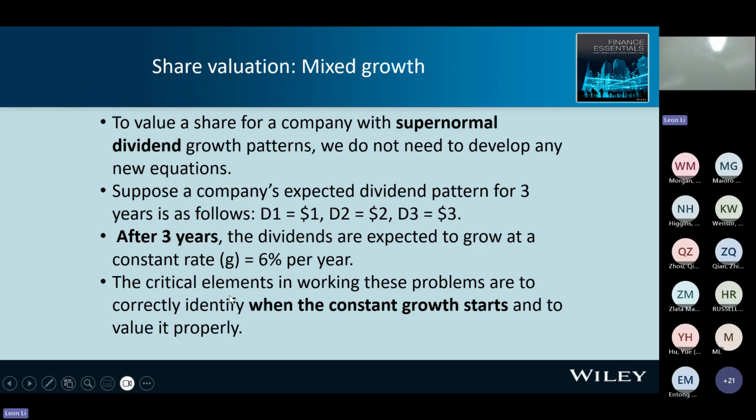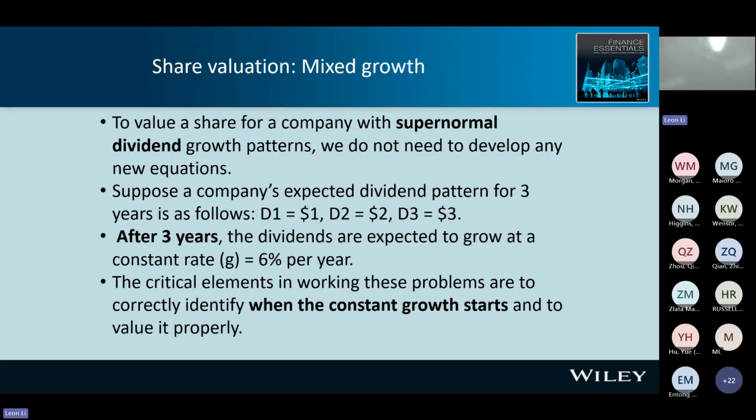So the critical element in working this problem is to correctly identify when the constant growth starts and to value it properly. In this example, we give you year 3. After year 3, the constant growth begins. But in practice, financial analysts need to estimate which year the constant growth will start.